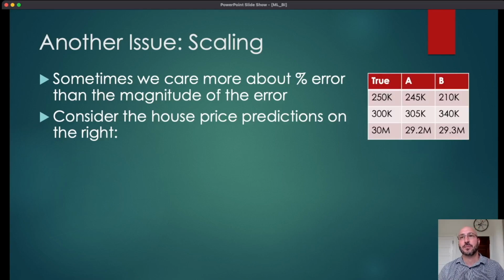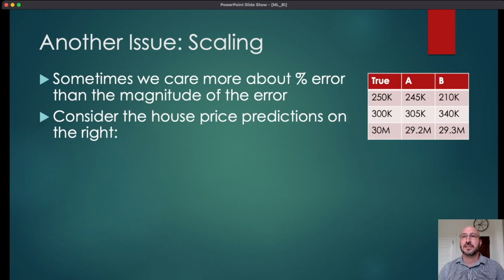Here we have a data set with 3 houses, and the true values are 250,000, 300,000, and 30 million. And here we see the predictions of 2 different models. Model A gives predictions of 245,000, 305,000, and 29.2 million, whereas B gives predictions of 210,000, 340,000, and 29.3 million.